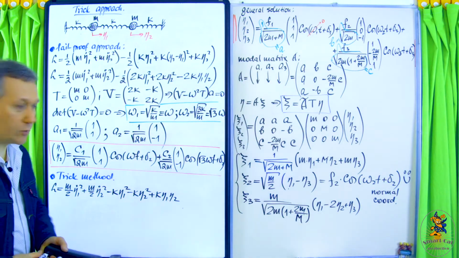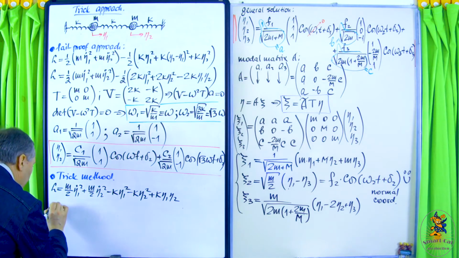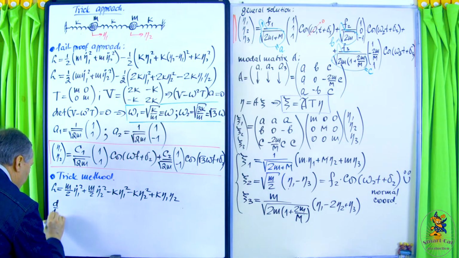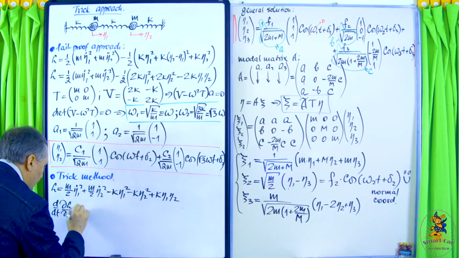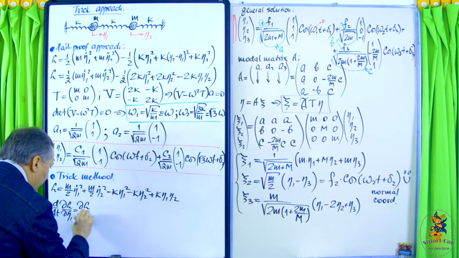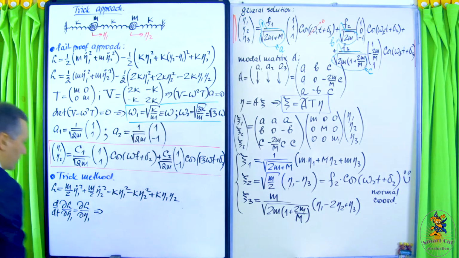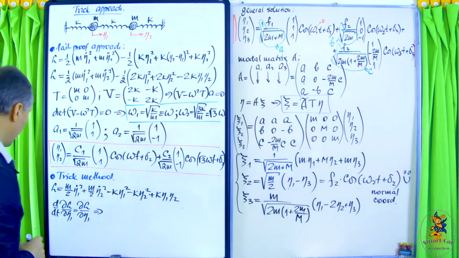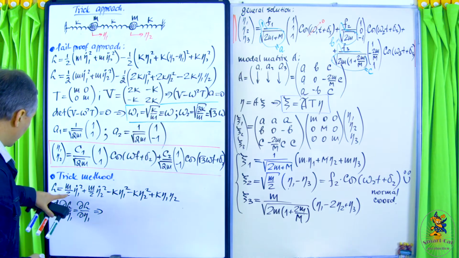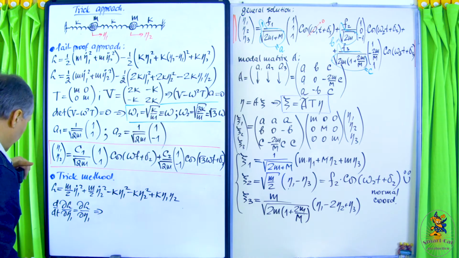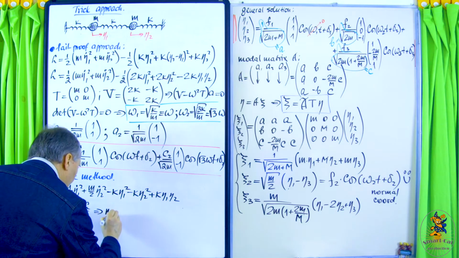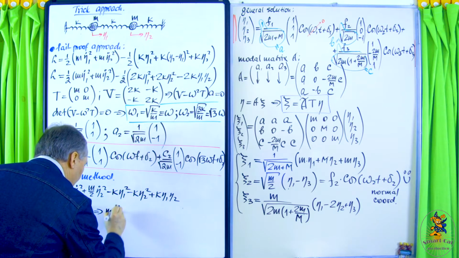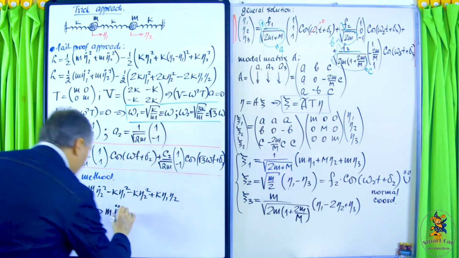Okay, and then the typical Lagrange equation: d over dt of the partial derivative of L with respect to eta 1 dot equals the partial derivative of L with respect to eta 1. Let's write down the equation, which is trivial. It will be m eta 1 double dot on this side.